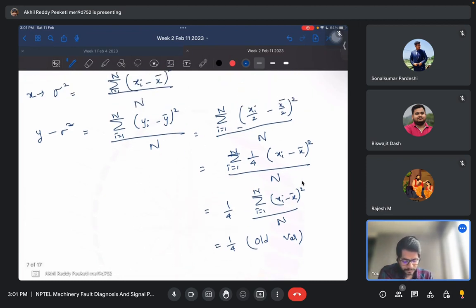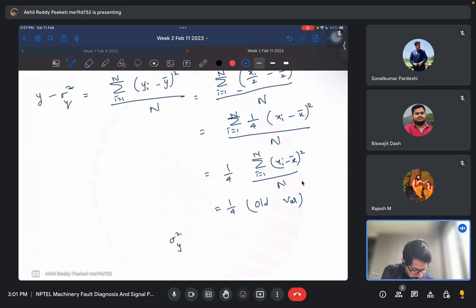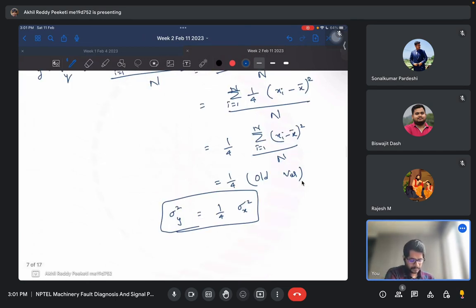So sigma square of the new data would be 1 by 4 of the variance of the old data. So if you reduce the amplitude by half, the variance reduces by 4 times.